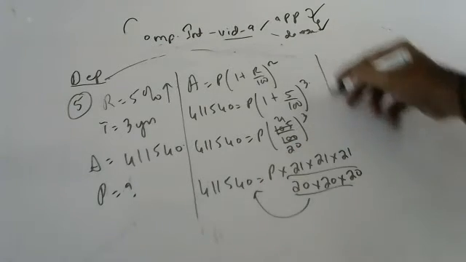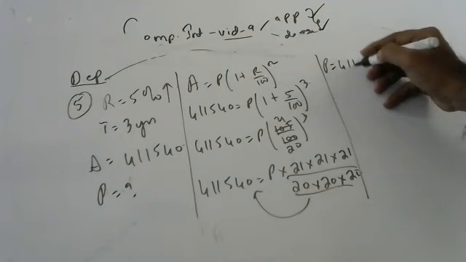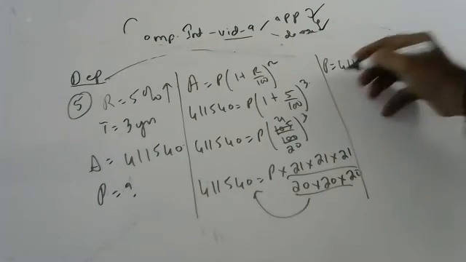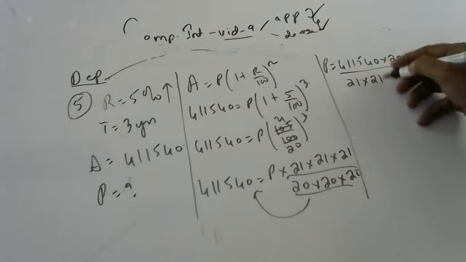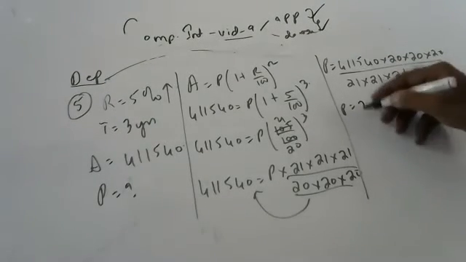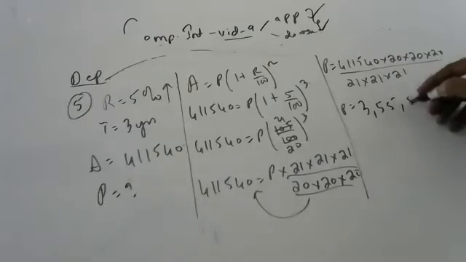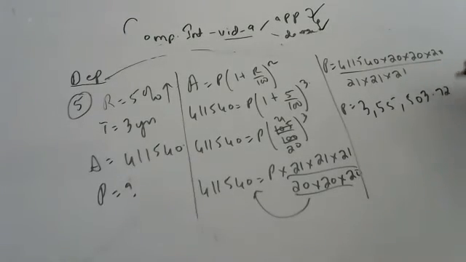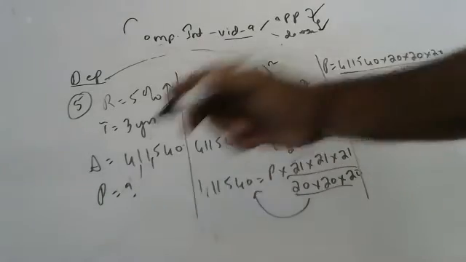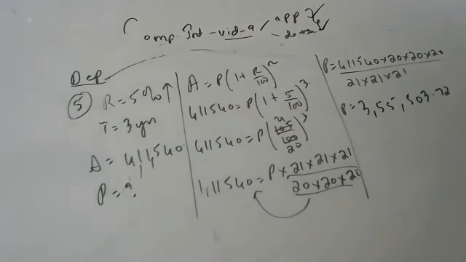All this goes here: 411,540 into 20 into 20 into 20 by 21 into 21 into 21. Before 3 years it was 355,503.72 paisa at the rate of 5% increase. Today the value is 411,540.